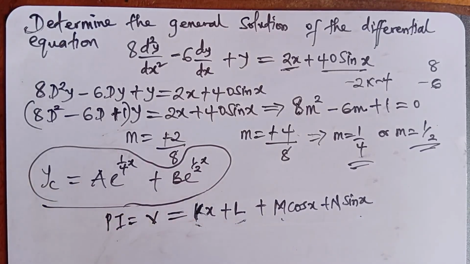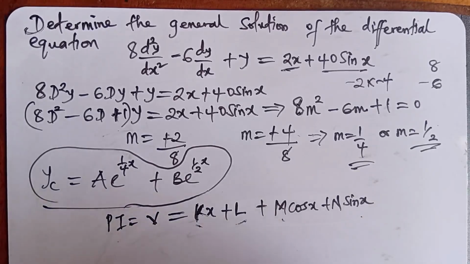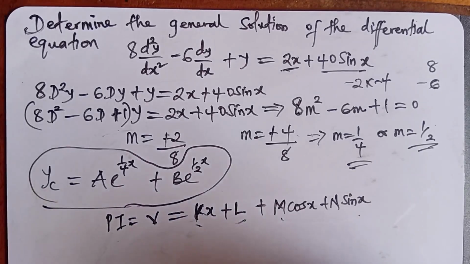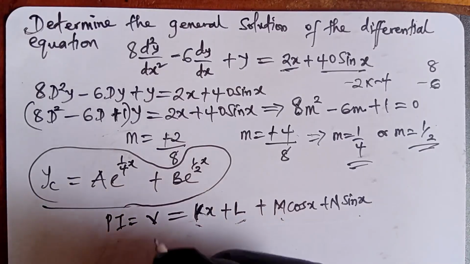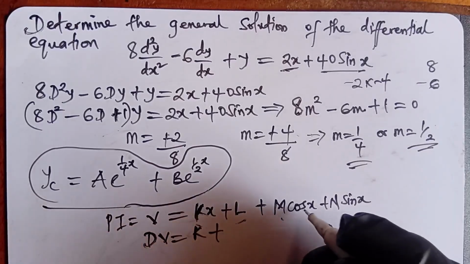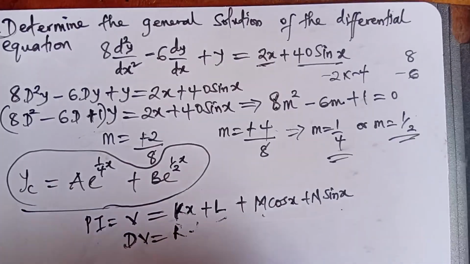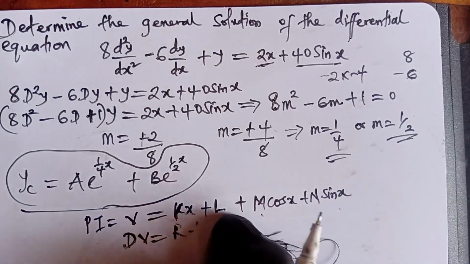All right, let's proceed now. It will be very wise for us to differentiate this first, since the function has multiple terms. So let's differentiate before we plug into the D operator equation. If I differentiate v, differentiate kx to get k, differentiate l to get 0, differentiate m cos x to get minus m sine x.